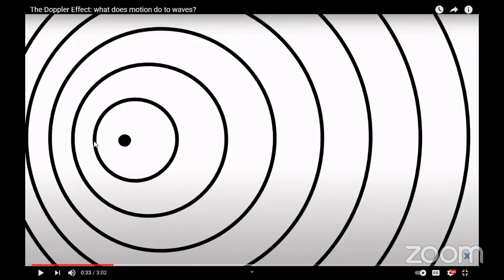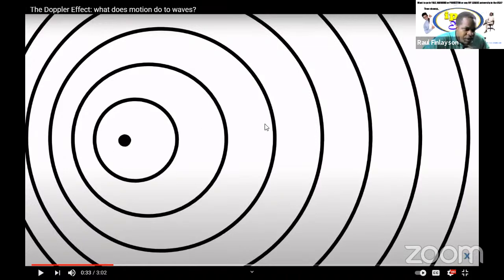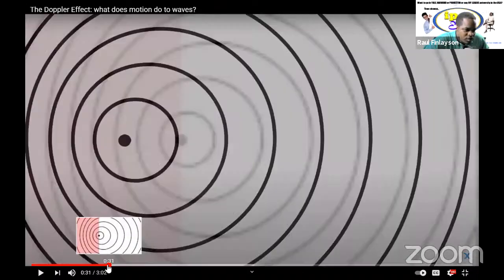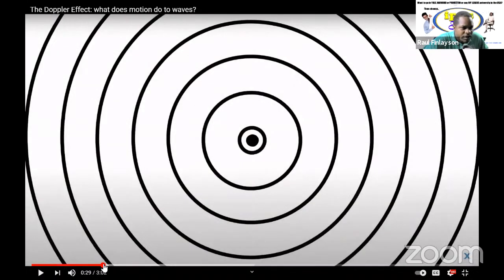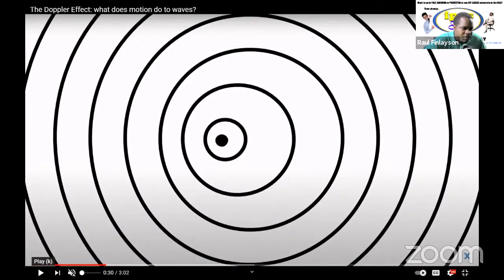All right, so we're seeing that when the wave is moving, do you notice a change in the size of the wave when it moves? Let's go back to where it started. So it looked like this before, right? And then now, watch it now. You see it changing?